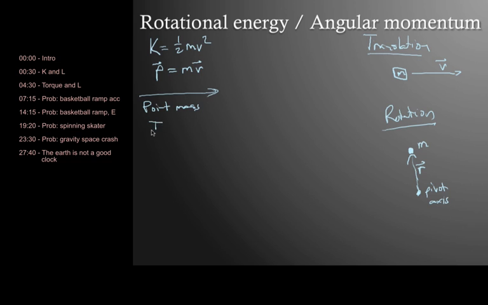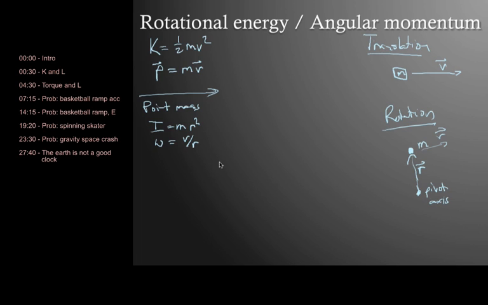The inertia of this point mass would be m r squared, and we know that omega for this point mass is going to be v over r. So if it's moving like this with velocity v, then we could figure out its angular velocity just by dividing this v by this r.